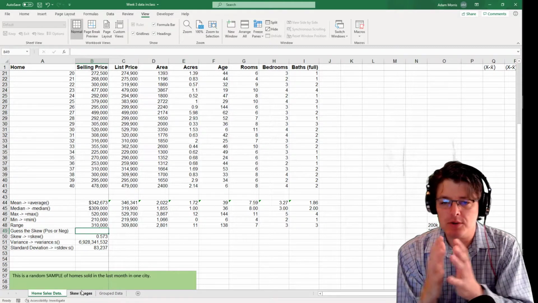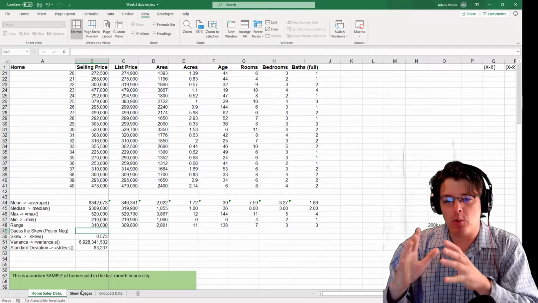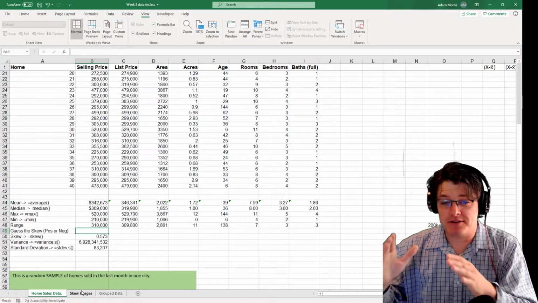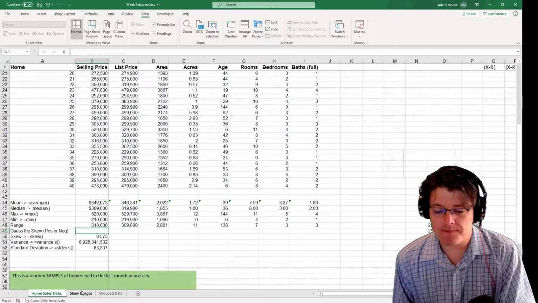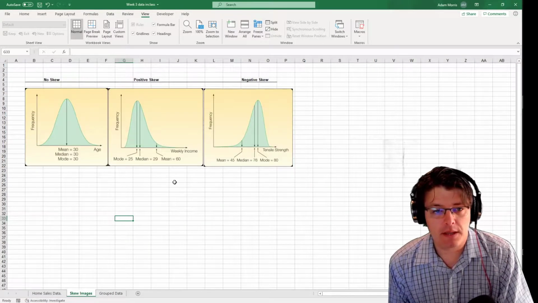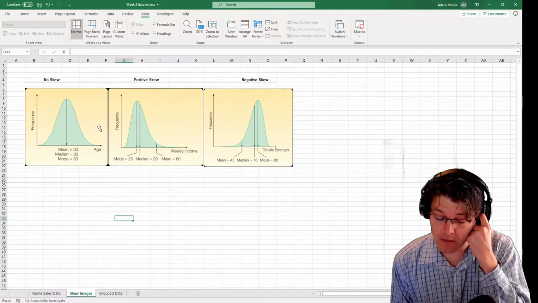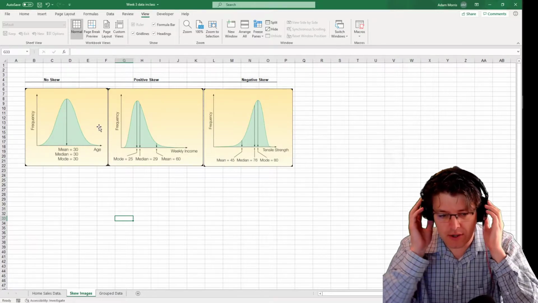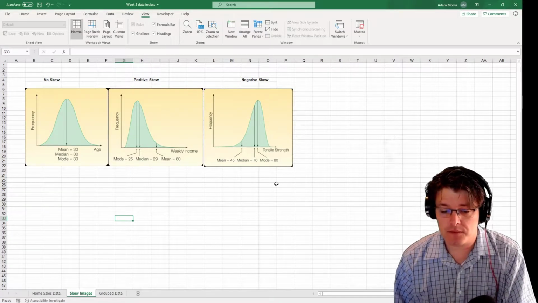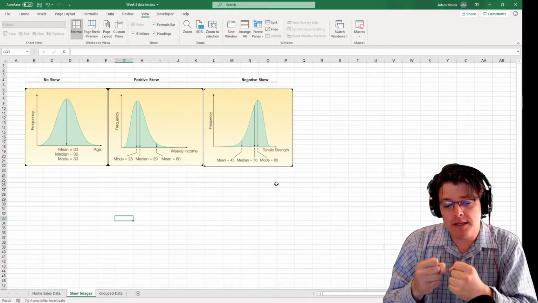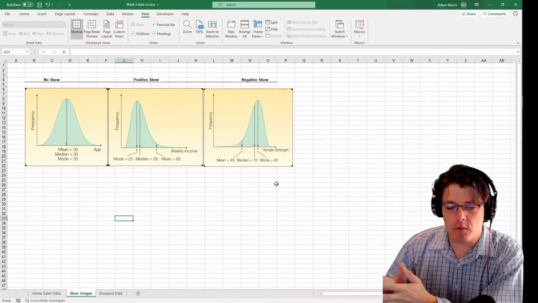Remember, if we think about our data being symmetrical, skew talks about whether or not it's still symmetrical. Is it pulled in one direction or the other? If you remember from the book, you can have no skew, a positive skew, or a negative skew, right? One way to think about that is whether there is data on the more extreme end of one side.